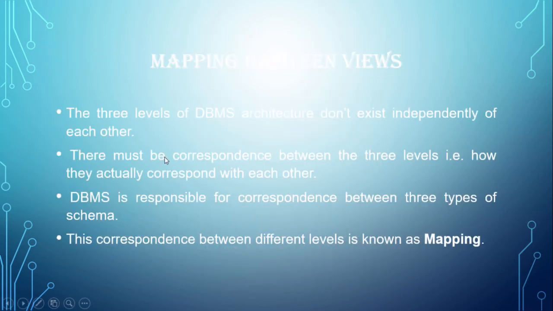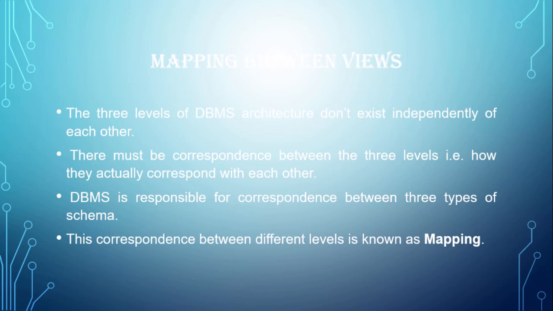Now, we are having 3 levels, and how are they working together? There must be some type of correspondence between these levels, and this correspondence is known as mapping. Mapping is basically correspondence between these 3 levels.